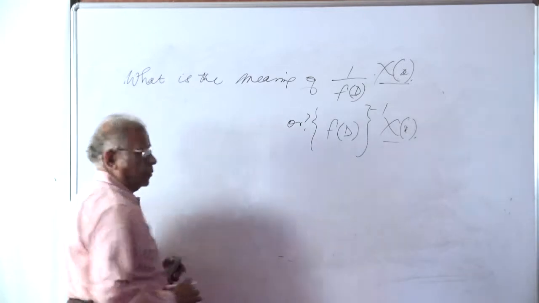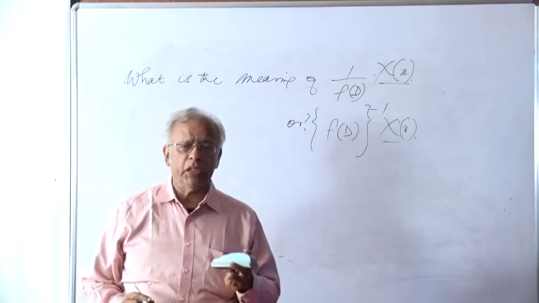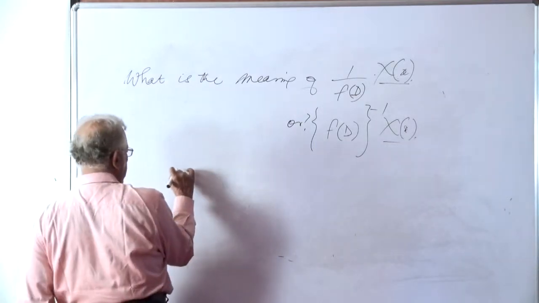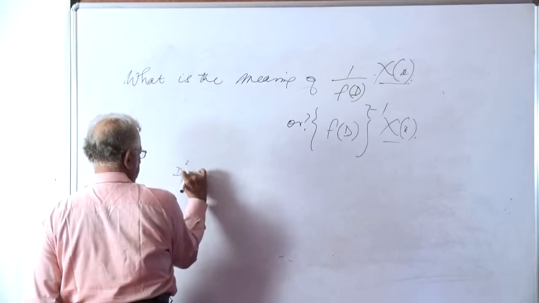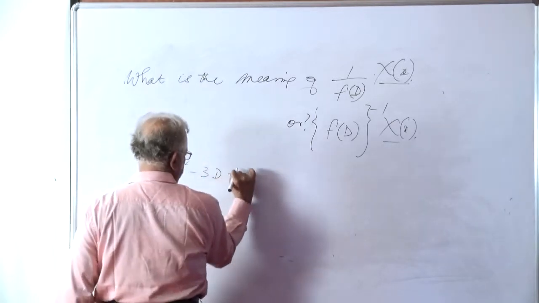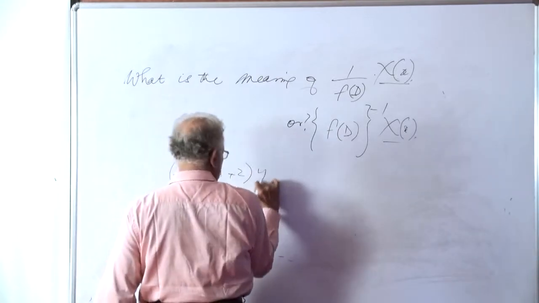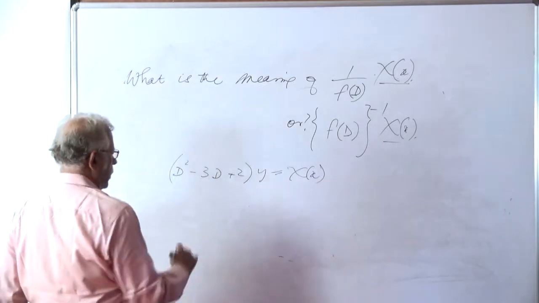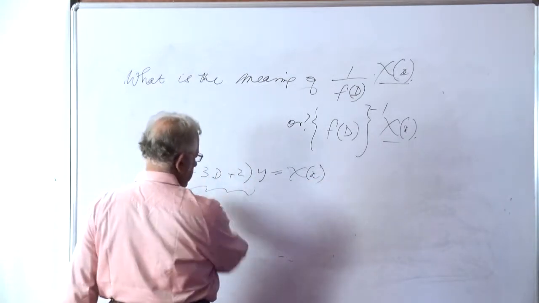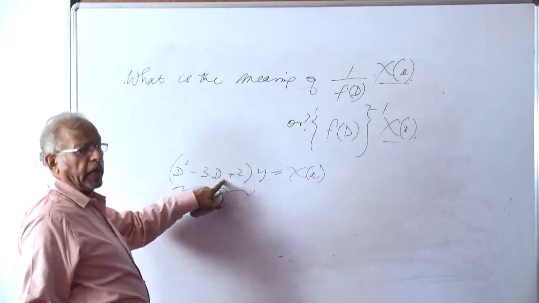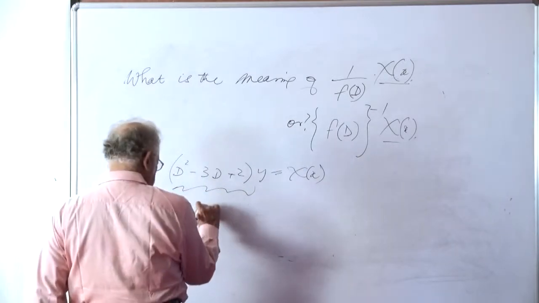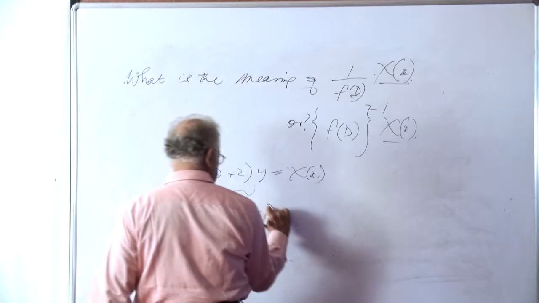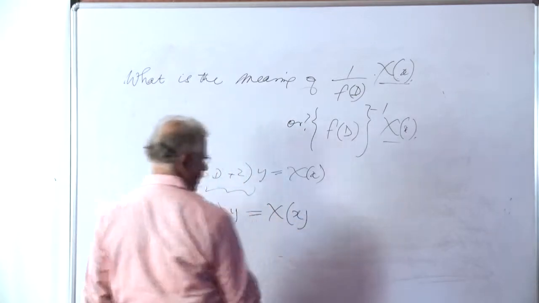Now, let us take that an equation has been written down in its D-reduced format. Like for example, we just wrote down D squared minus 3D plus 2 y is equal to X of x. We just did that. Now, if we are willing, we can call this the particular f(D) here. So, f(D) operating on y is equal to X of x.